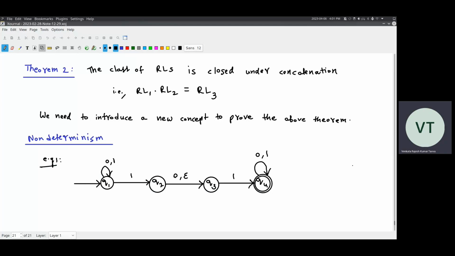Yes, same thing. Like here, Q1 on 1 goes to both Q1 and Q2. All right. So this also tells us about the difference in the nature of outputs of DFA and NFA. In a DFA, what is the output for a given input state and input symbol?